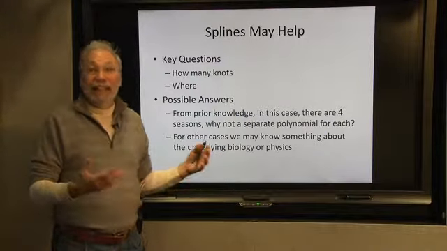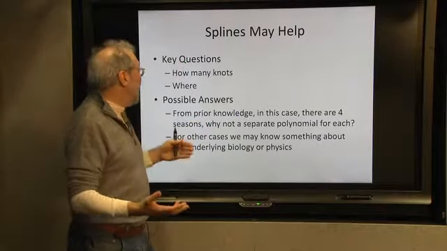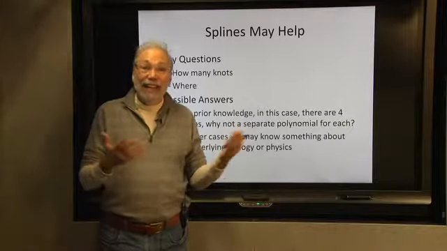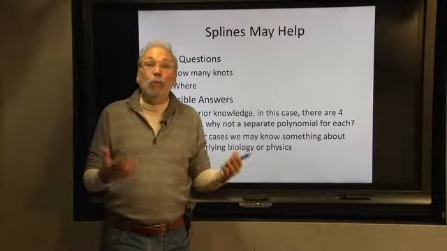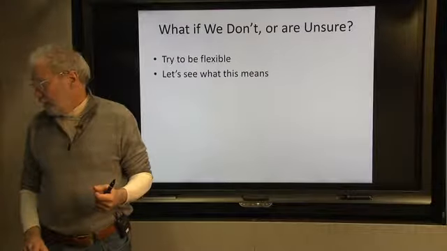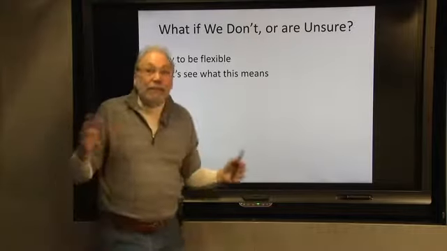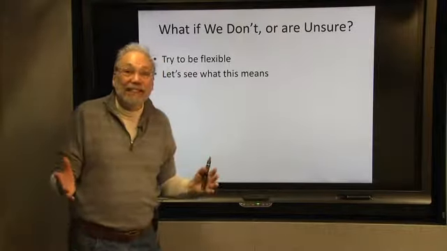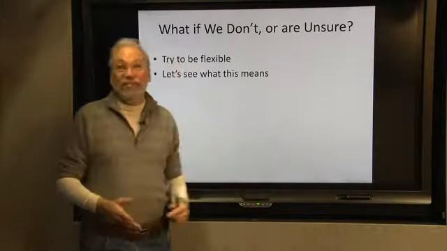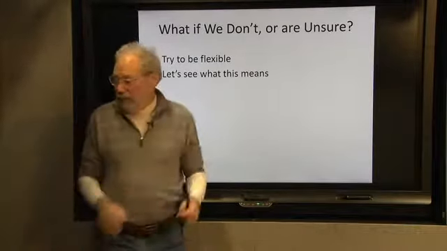And so in those cases, it's a little hard to decide how many knots and where to put them. So what can we do? Well, we need to be a little flexible, right? Sort of go with the flow. So what does that mean, and how do we do that?